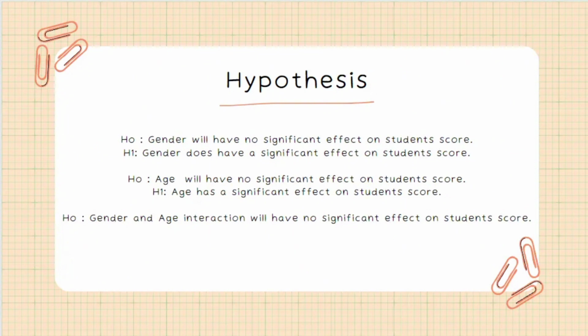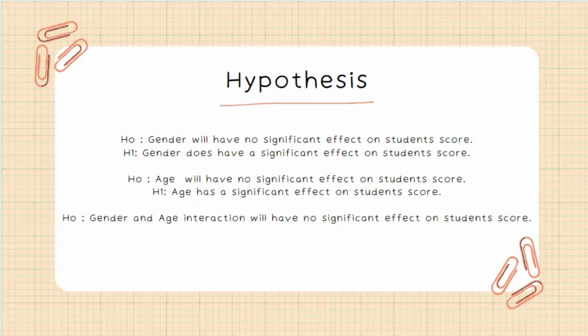We have the hypothesis. We have three hypotheses. The first one is a null hypothesis, where gender will have no significant effect on student score. And the alternative hypothesis is gender does have a significant effect on student score. The second hypothesis, null hypothesis, age will have no significant effect on student score.